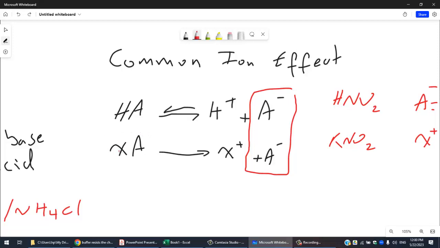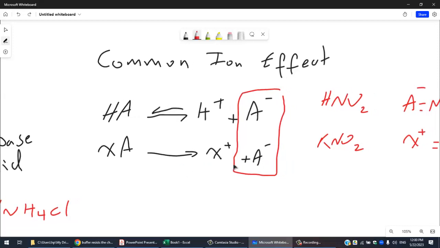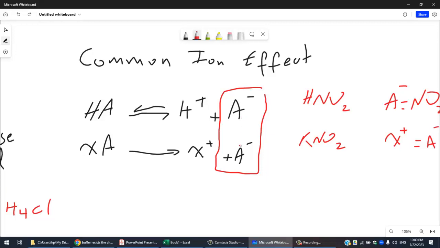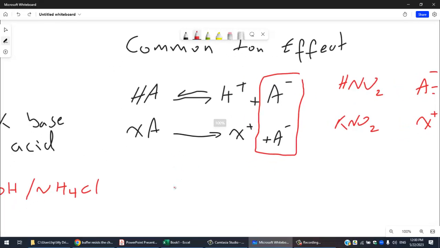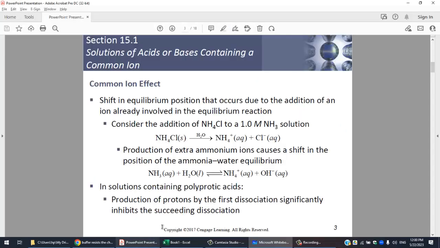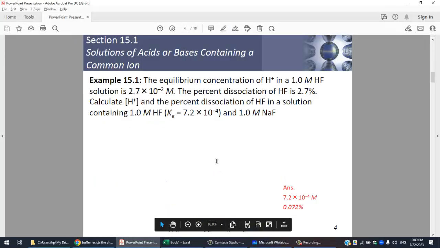But for a salt, the salt is completely ionizable in water. It's completely dissociable, so that would give you a good amount of A minus. So although it's a common ion between the two equations, the amount of A minus is mainly coming from the XA. So now let's see how a buffer would resist changes in pH.